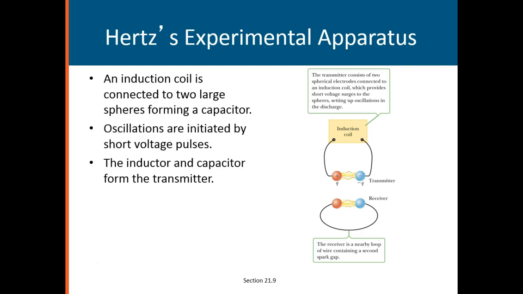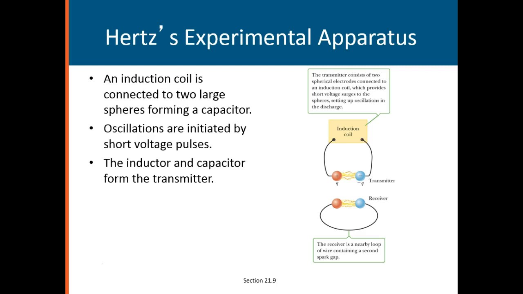And here's Hertz's experimental apparatus. An induction coil is connected to two large spheres forming a capacitor. Okay? So here's your induction coil here. The transmitter consists of two spherical electrodes connected to an induction coil, which provides the short voltage surges on the spheres down here, setting up oscillations in the discharge.